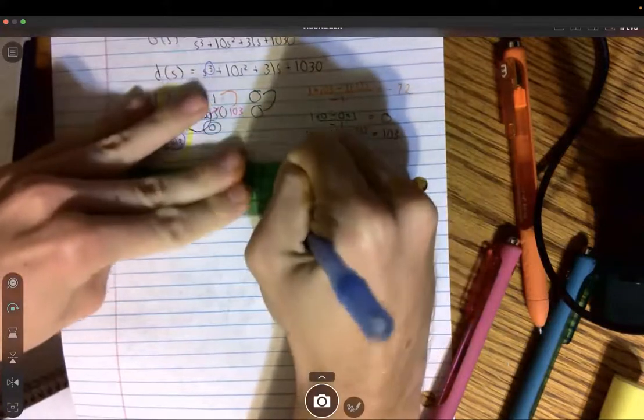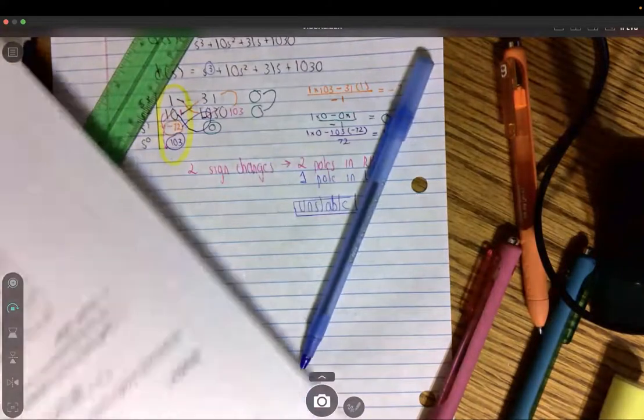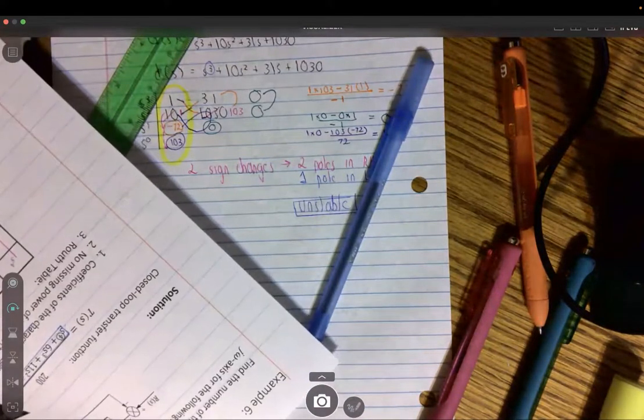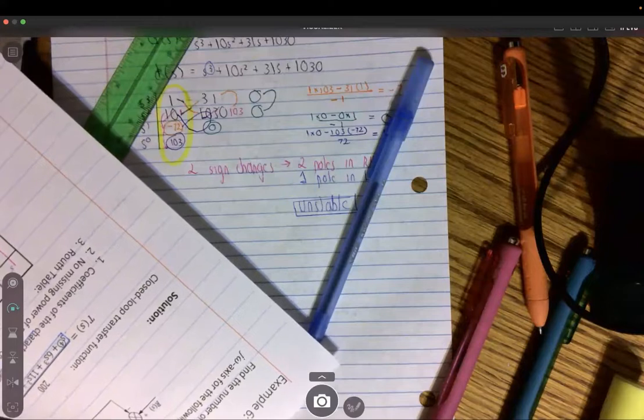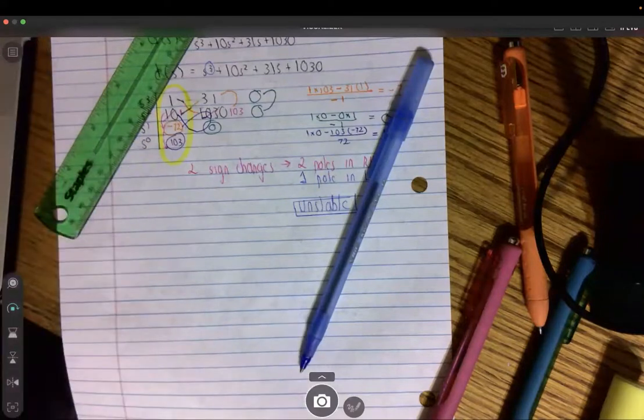Okay, now that we talked about that, we looked at specifically the number of poles. Now we're going to find the range of K. This one's going to be a little different.